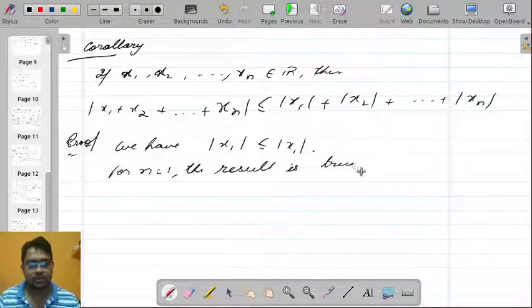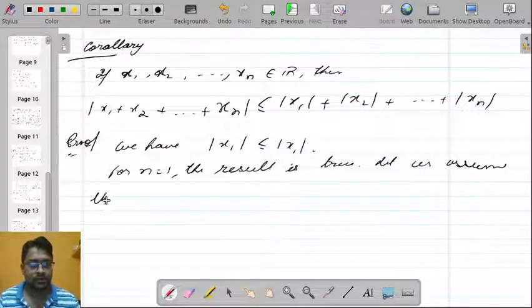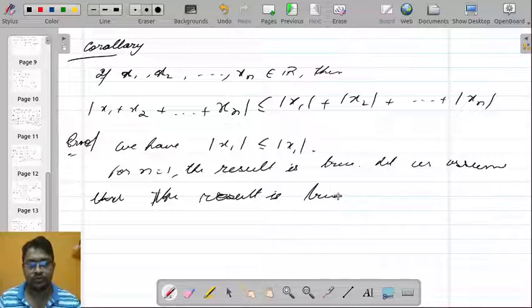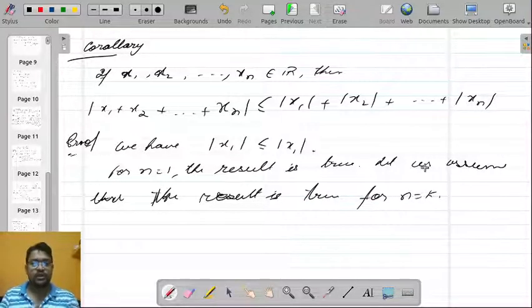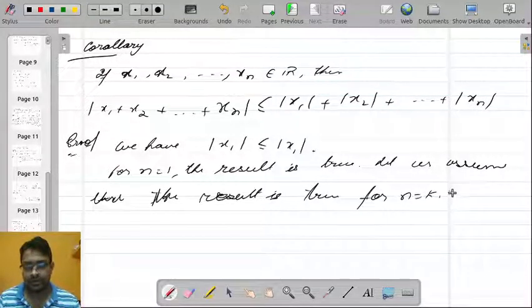So let us assume that the result is true for n equal to k, where k belongs to the natural numbers.